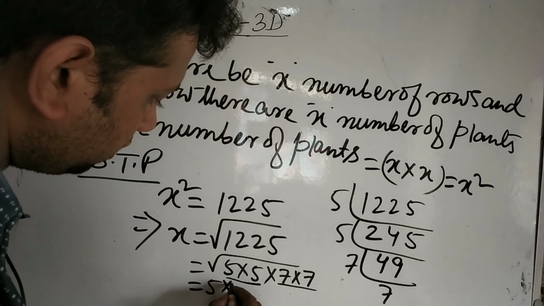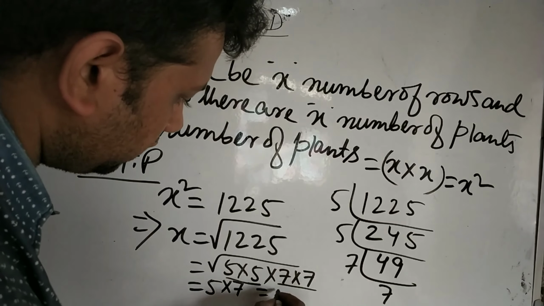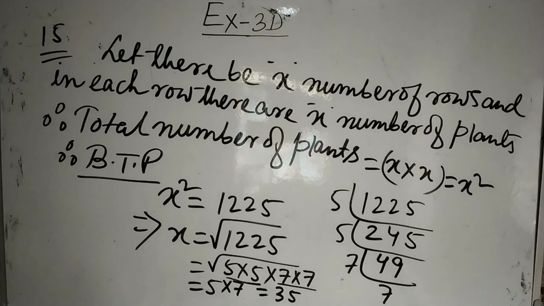For these two 7, one will be outside the square root sign. So 35. Okay. Therefore, what will be the answer line?